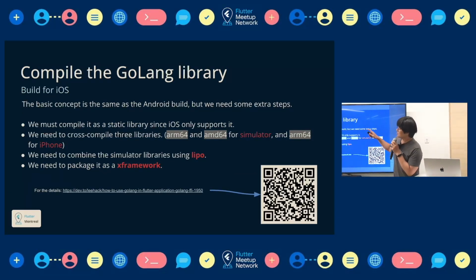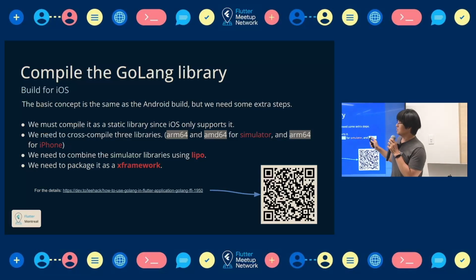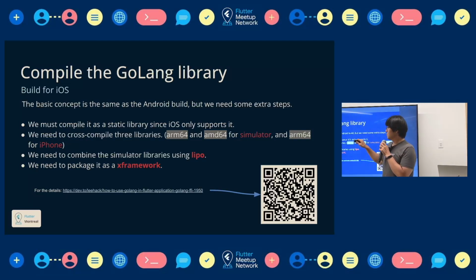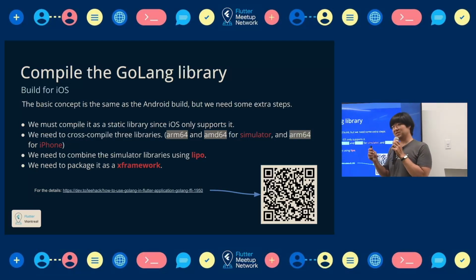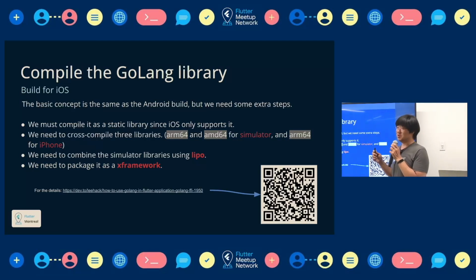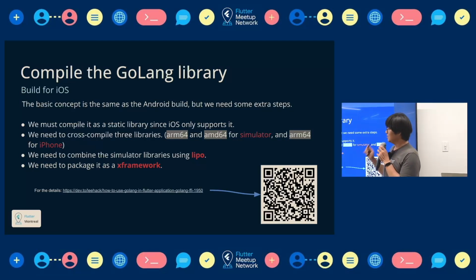I'm not going to cover the iOS build, but here is a summary of what I did for iOS when I did the study. There are some differences. Android supports dynamic libraries, but iOS only supports static libraries. So you have to compile to a .a library file. That's the first thing you need to do.